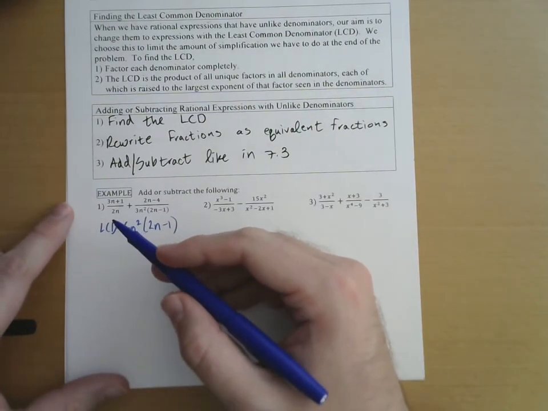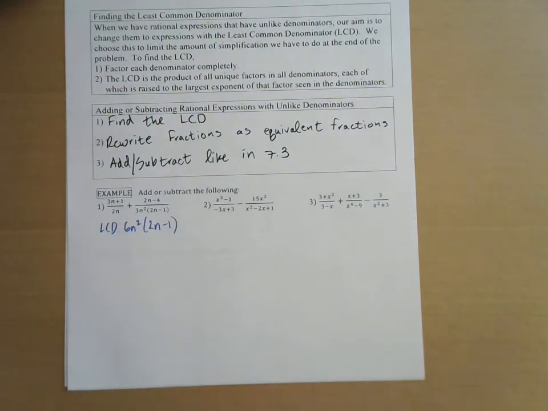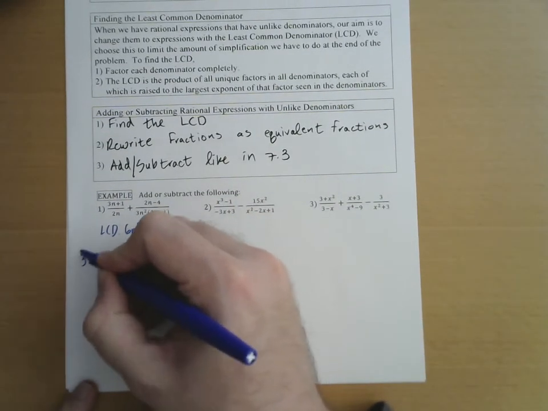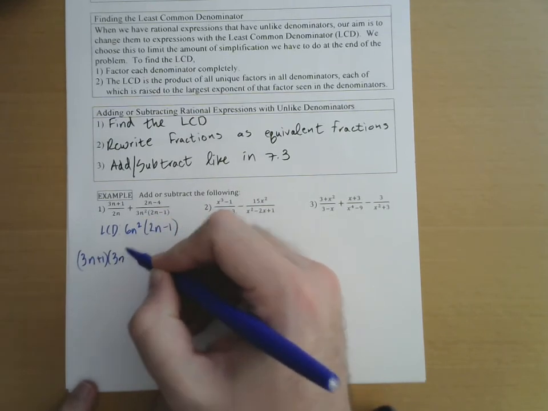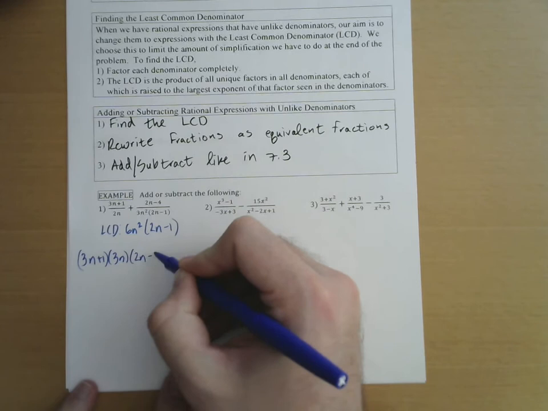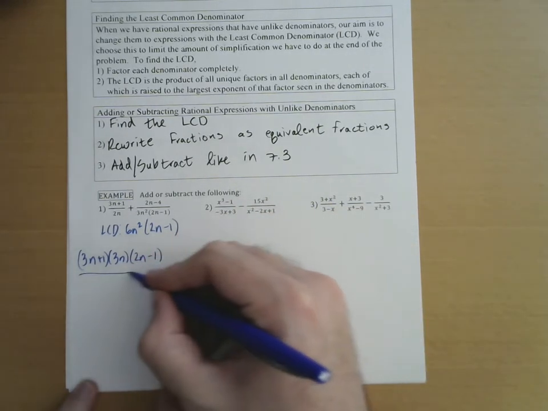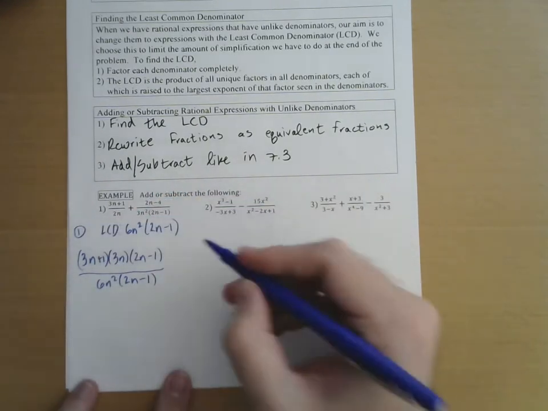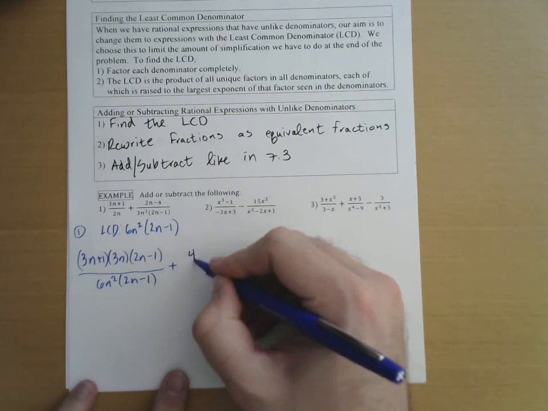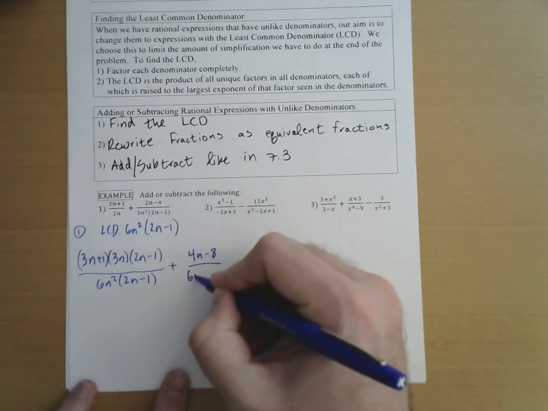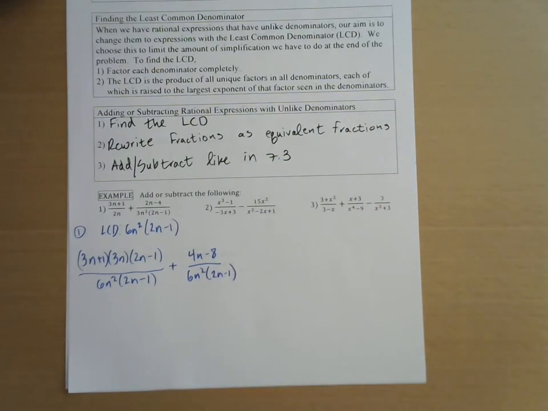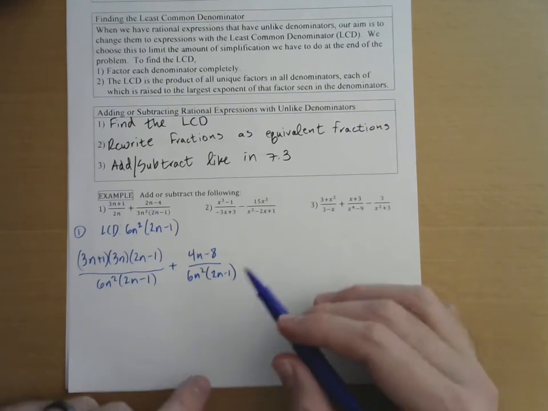We wrote equivalent fractions: 3n plus 1 times 3n times 2n minus 1 all over 6n squared times 2n minus 1, so this is number 1, plus our other fraction, 4n minus 8 over 6n squared times 2n minus 1. So that was our final result of the last section.